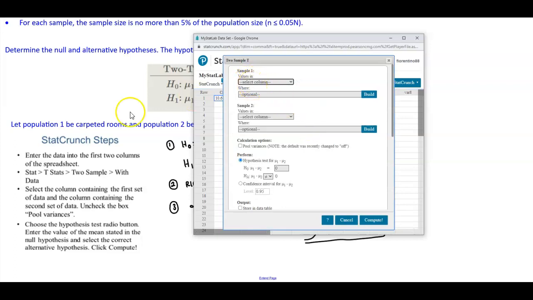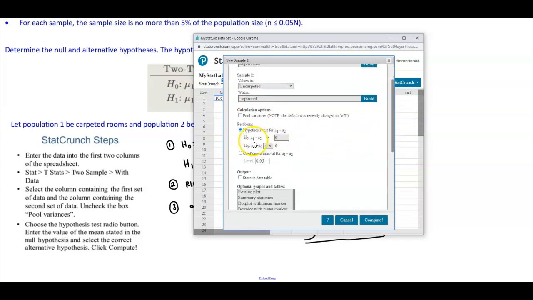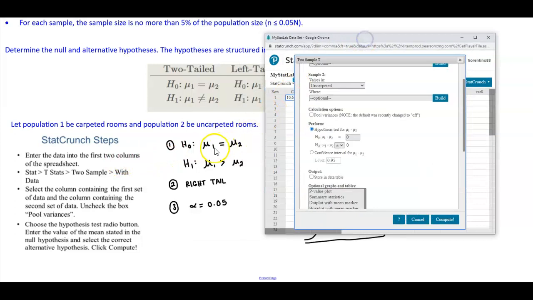The values in the first column are going to be the carpeted. The values in the second column are going to be the uncarpeted. We want to make sure that the pool variance is unchecked, which it is in this particular example. And then we know that population mean 1 minus population mean 2 is equal to 0, because if we subtract mu subscript 2 from both sides, it's going to equal 0.